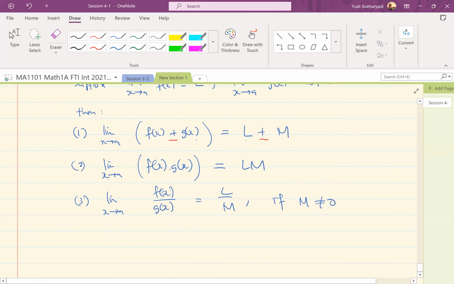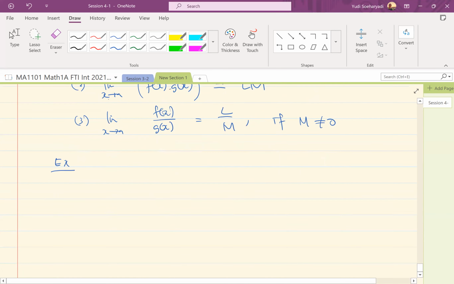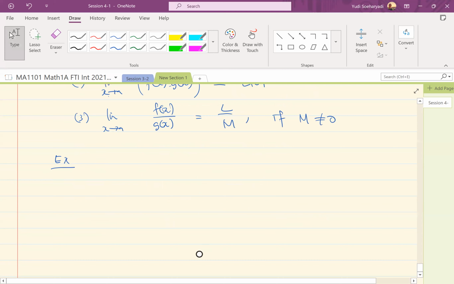Okay, so another example. This is the same as this limit.